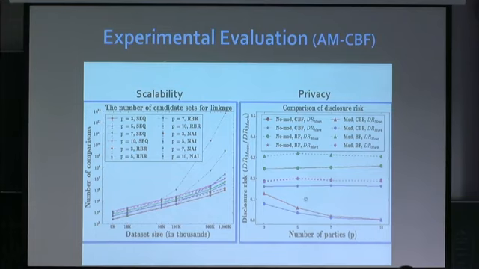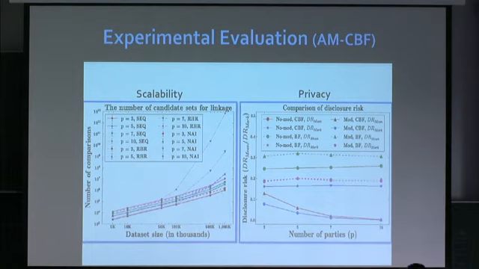In the right hand side plot, we show the disclosure risk of counting Bloom filters and Bloom filters, and as you can see, the disclosure risk of counting Bloom filter is much lower than the disclosure risk of Bloom filters, which improves privacy of the protocol.